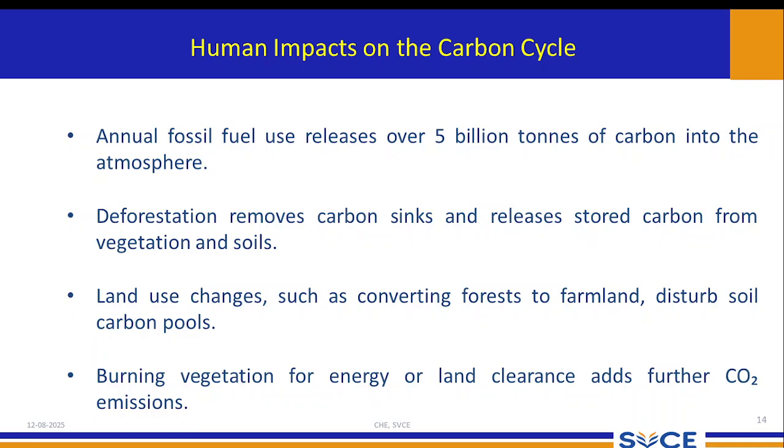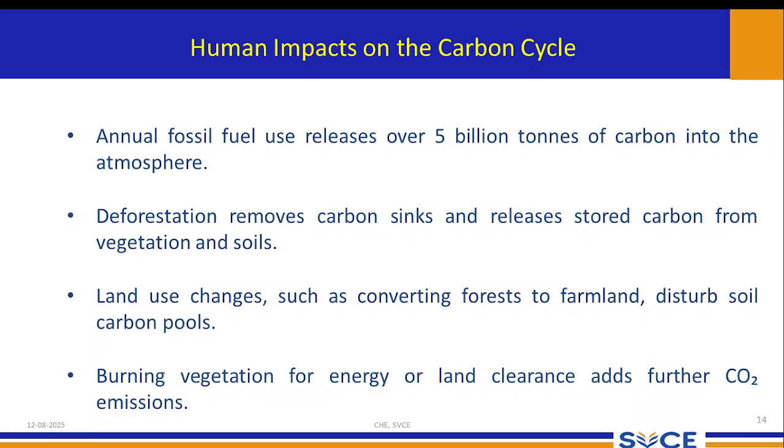Deforestation removes carbon sinks and releases stored carbon from vegetation and soils.